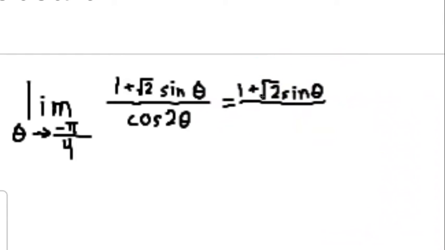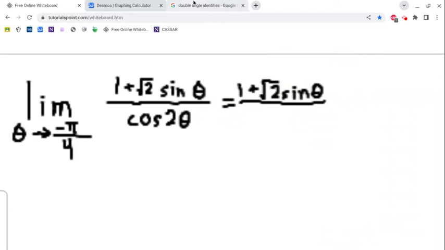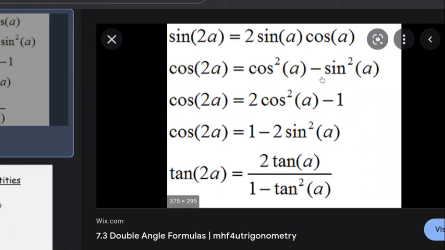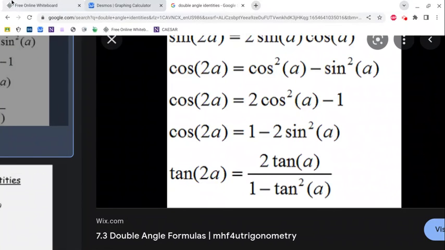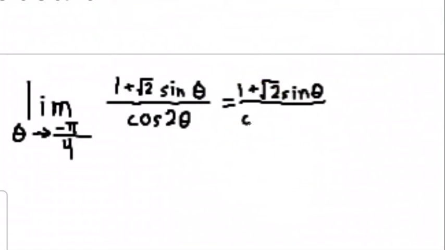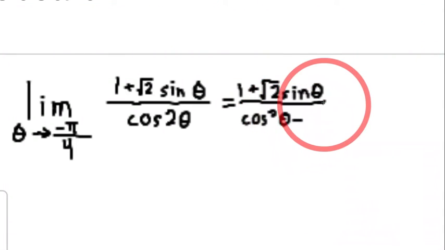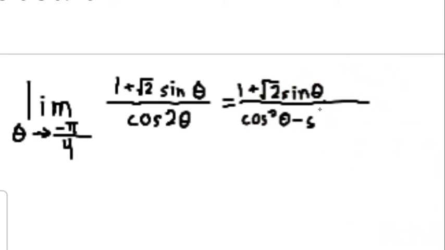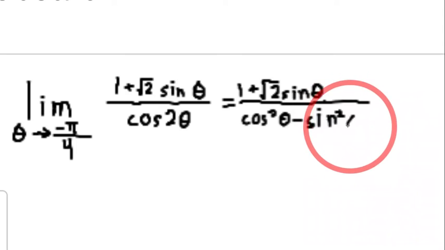So your cosine of 2 theta, it's going to become cosine squared of theta minus sine squared of theta, just like it has over here. And remember to do the part that you think is going to be longer if you are picky about your denominator and numerator being centered with your fraction bar.